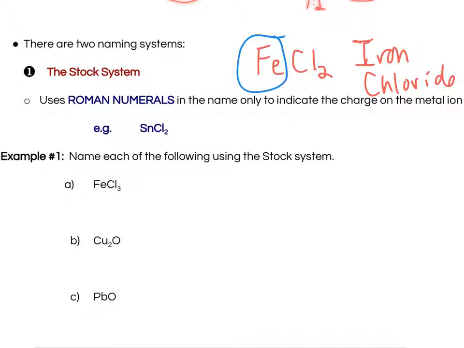If I just say iron chloride, the reader might think that I have iron 2, they might think that I have iron 3. So without any other information, that's kind of ambiguous for the reader.